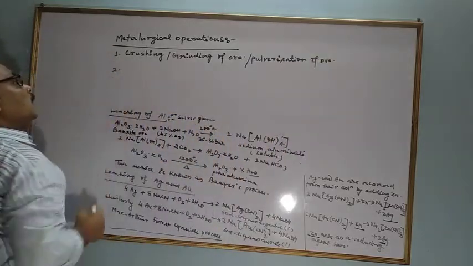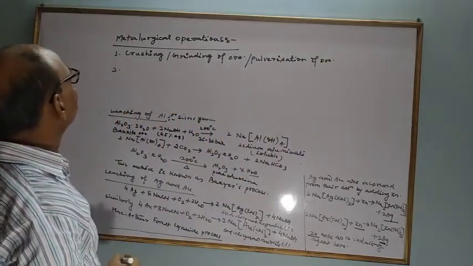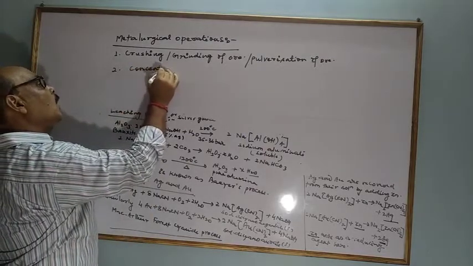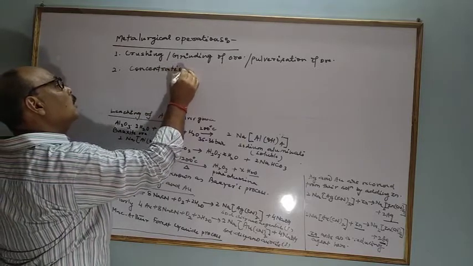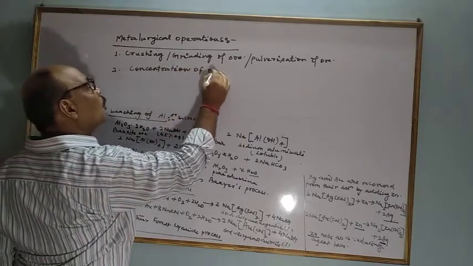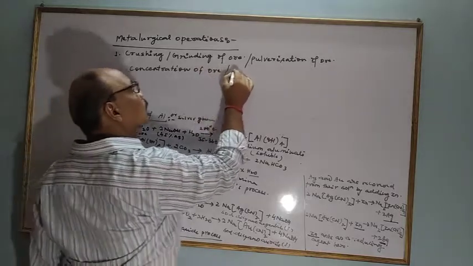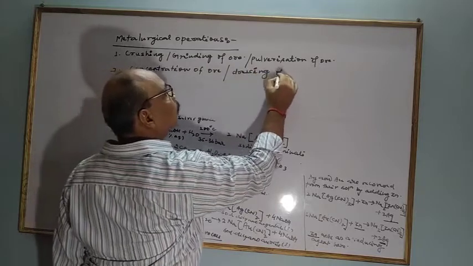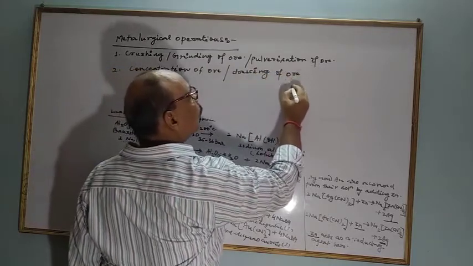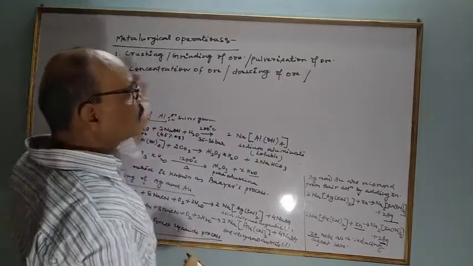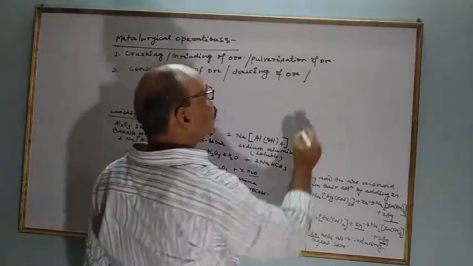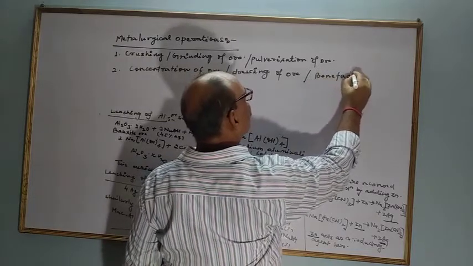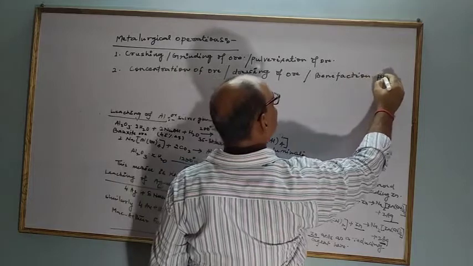Second one is the concentration of ore. It is also known as dressing of ore. And the process of concentration of ore or dressing of ore is known as the beneficiation process.